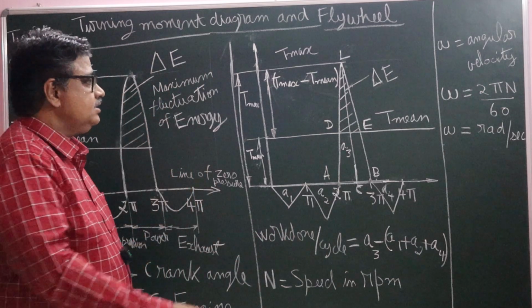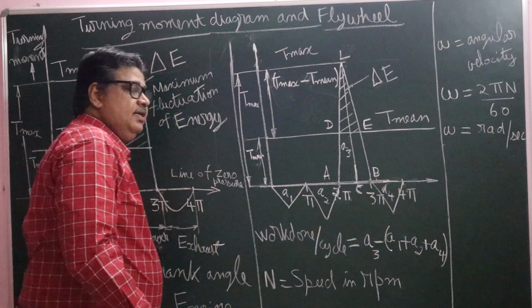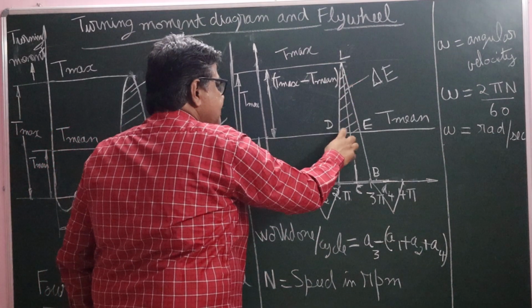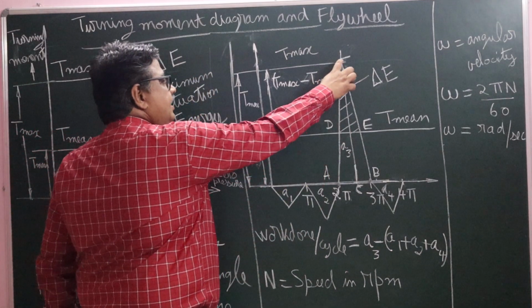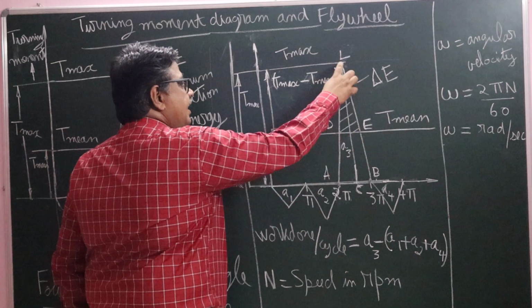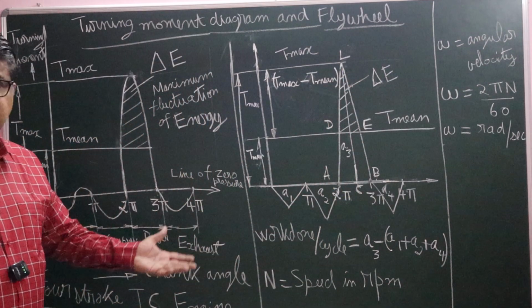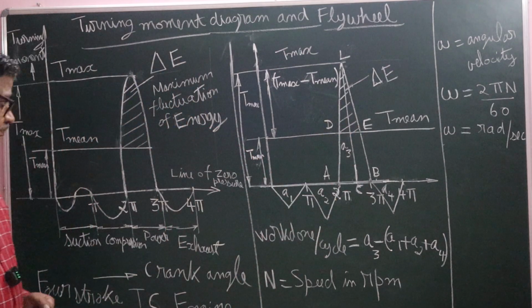This triangle DEL shows the maximum fluctuation of energy. This is also an isosceles triangle. Therefore, triangle LDE and triangle LAB are similar triangles. By using similar triangle properties, we can find this during calculation.